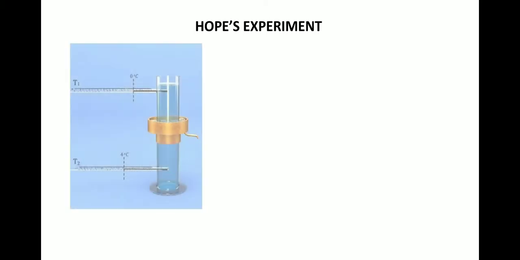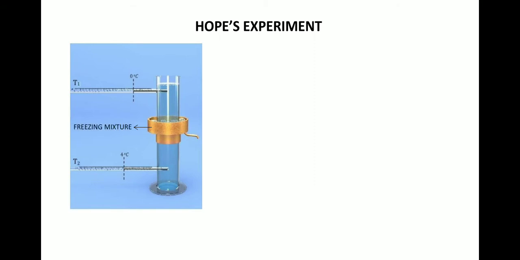Hope's experiment. In this experiment, Hope's apparatus is taken, which is actually a metallic cylinder where there are two thermometers placed, T1 and T2. One thermometer is placed at the top and the second one is placed at the bottom. So this portion is called the freezing mixture.